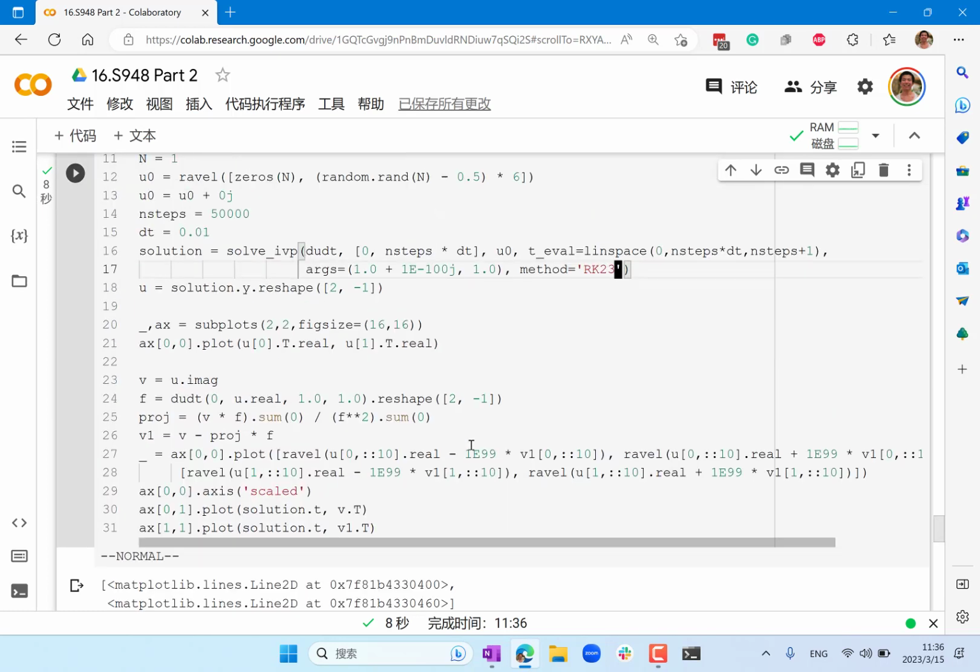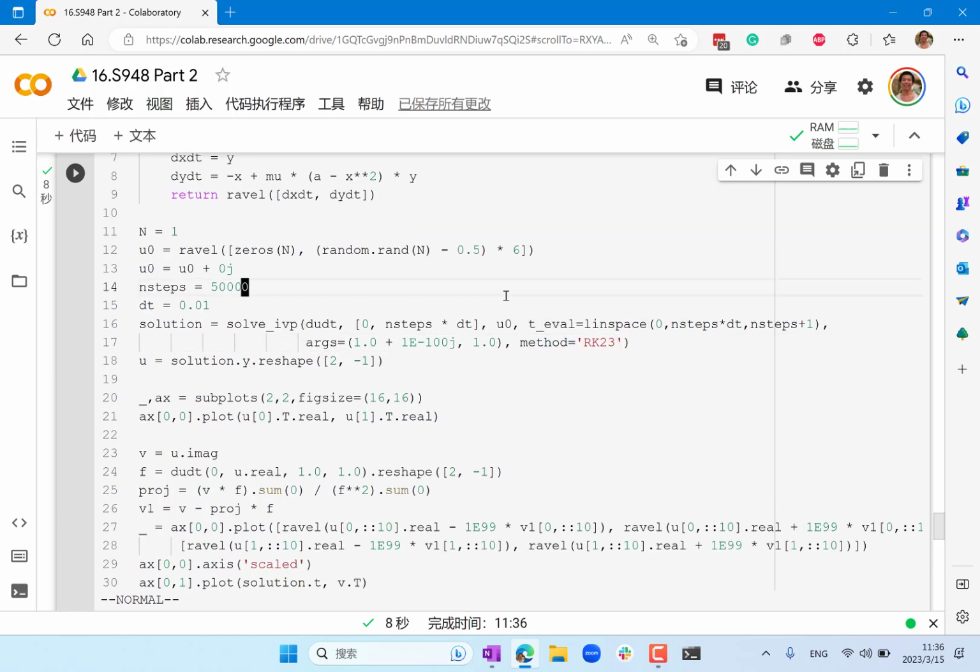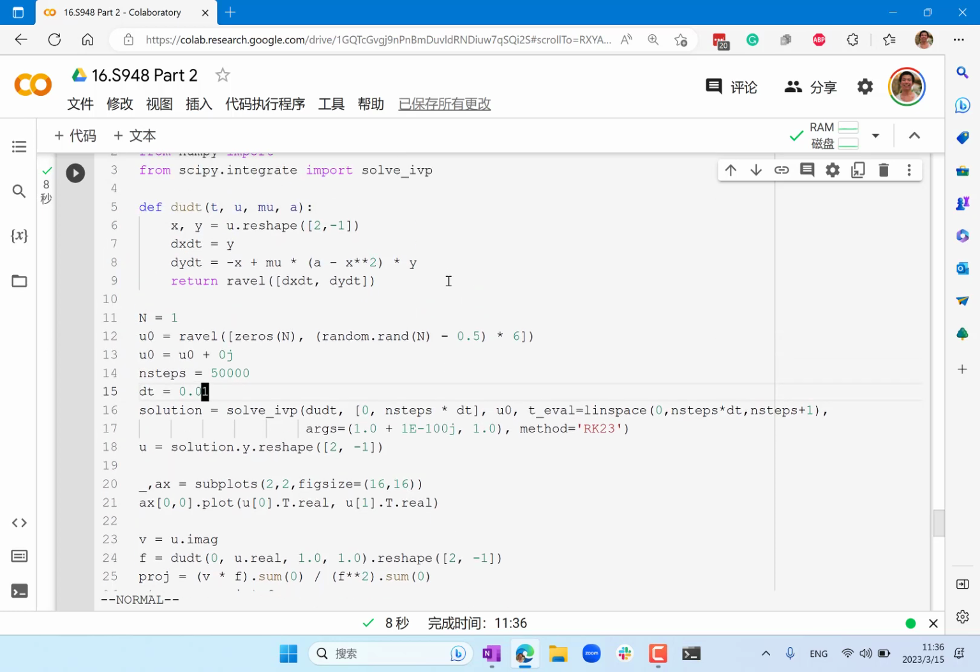Oh, okay. I think the default integration method somehow messes things up. Basically, when it deals with a small imaginary component, it had some issues.